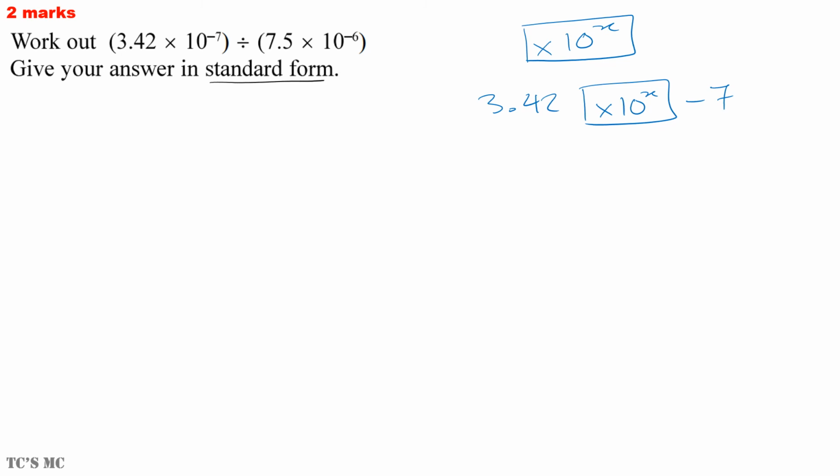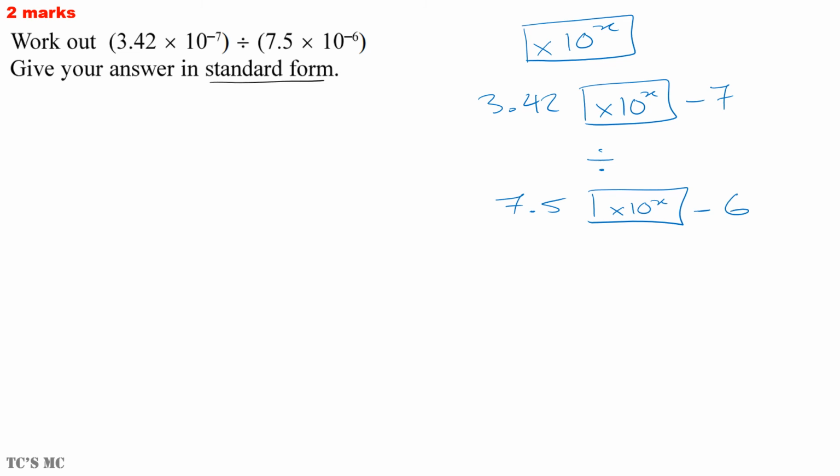There should be a negative button on your calculator. Then type divide, and then 7.5, and again the standard form button, and again negative, not subtract, -6.